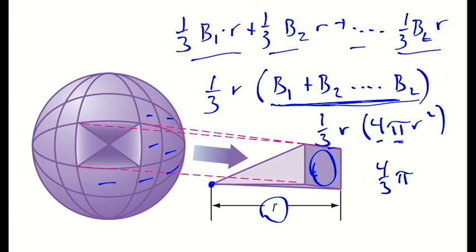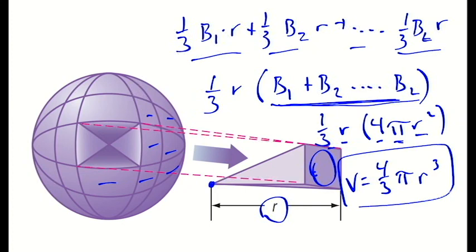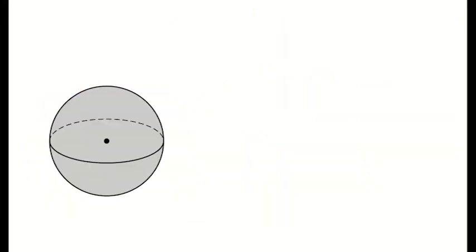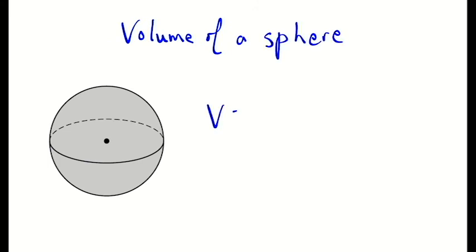We have a pi involved here, and then we have r times r squared, which combines together to give you r cubed. That is our formula for the volume of a sphere. So we now know the volume of a sphere has a formula that is 4/3 pi r cubed.